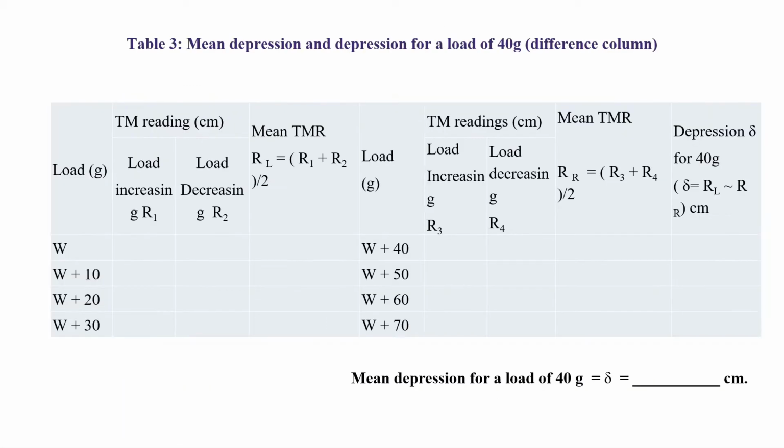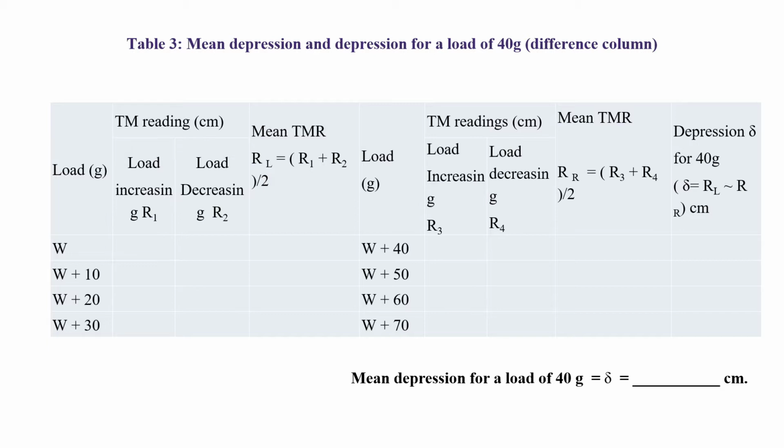Now in table 3, we rearrange the values of table 1 and table 2. Besides load increasing, you need to write load decreasing for that particular load. For example, W, then W plus 10, same way load increasing, load decreasing.